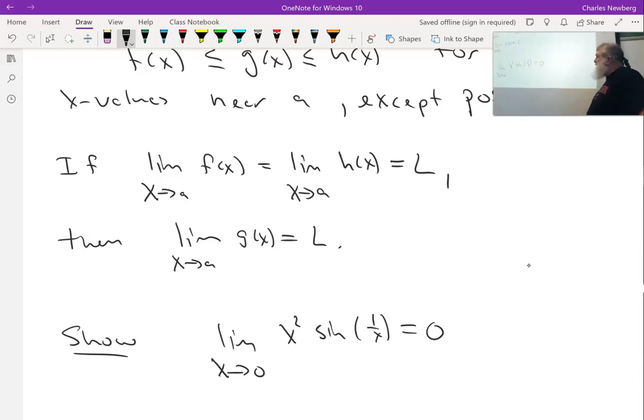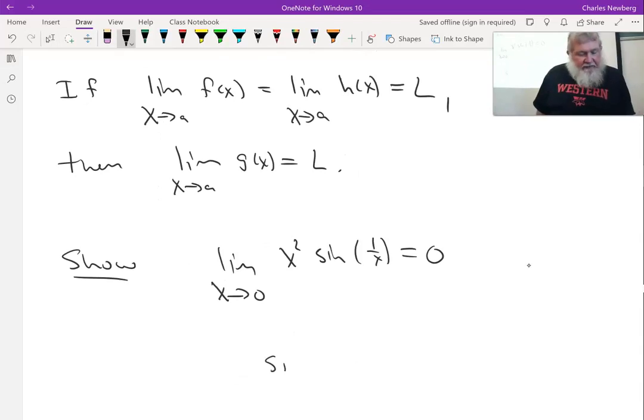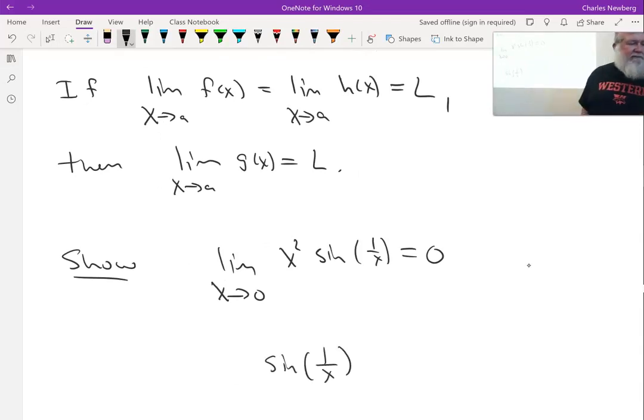All right. Well, let's start with the trig function sine of 1 over x. From your trig days, anybody remember what is the range of the sine function? What's the smallest the sine function could be? What's the biggest the sine function could be? 1 and -1.